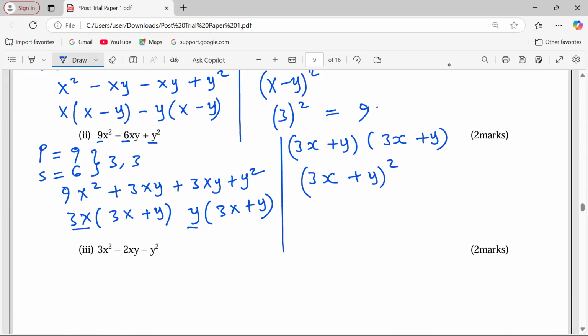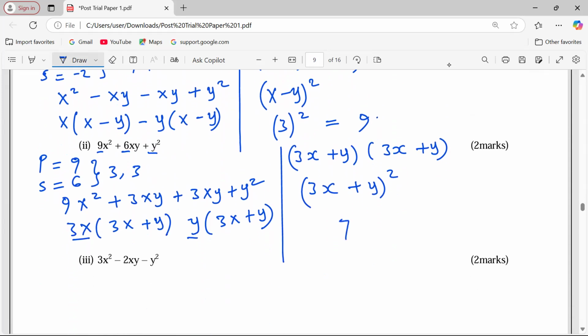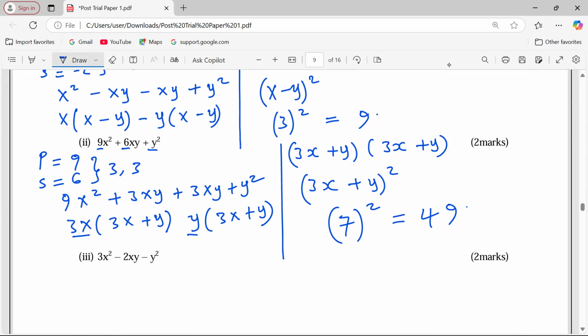To get the value of the expression, we take 7 and square it, which gives exactly 49.